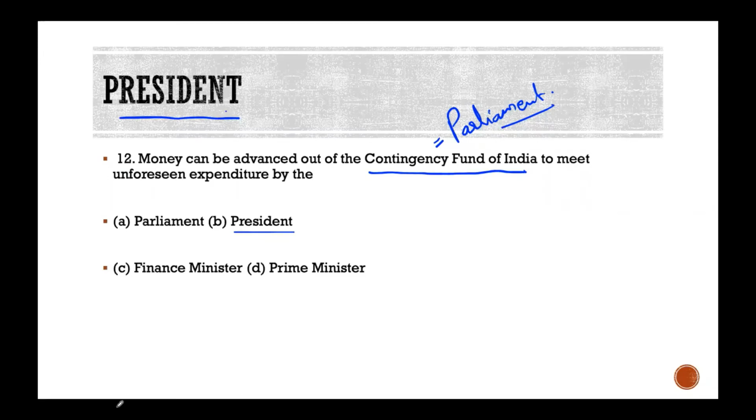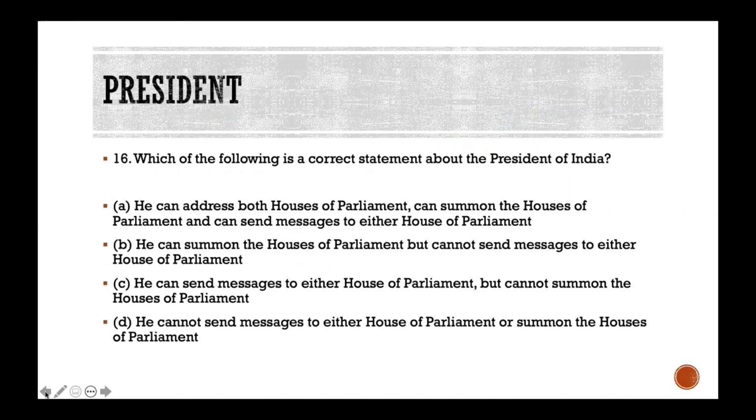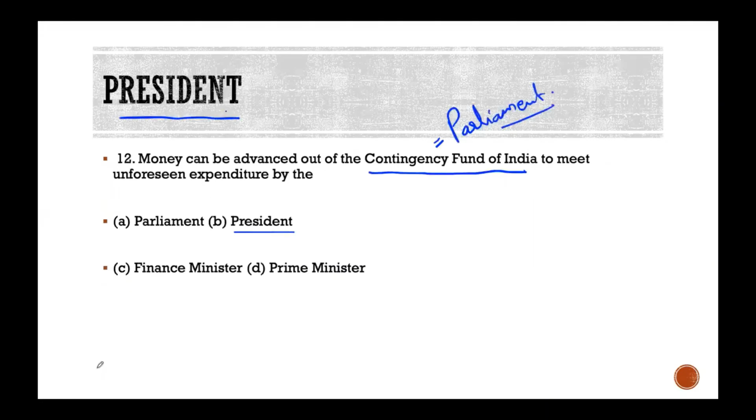It is the president's duty, and in that parliament chapter, it mentions this clearly. I guess I've not added that slide here. See, here's what happens. There is something called the Consolidated Fund of India. Then you have the Contingency Fund of India, right?